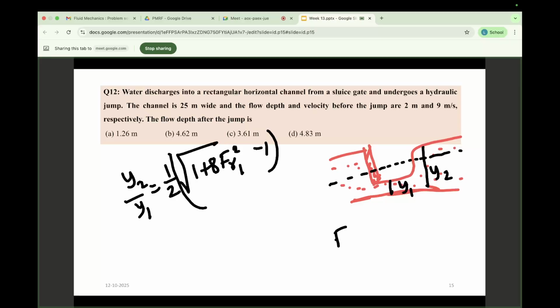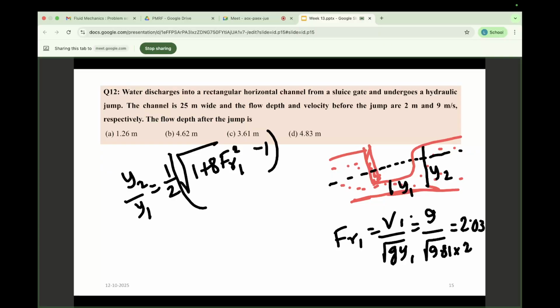Here I can calculate the Froude number. Froude number is V1 by root over g y1. So V1 I know, and this is 9.81 into 2, that means 2.03.